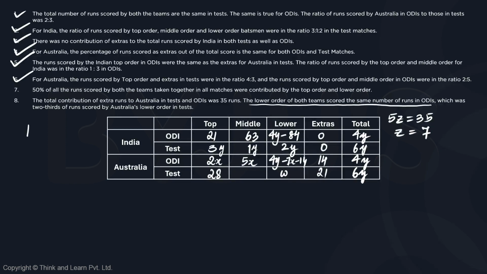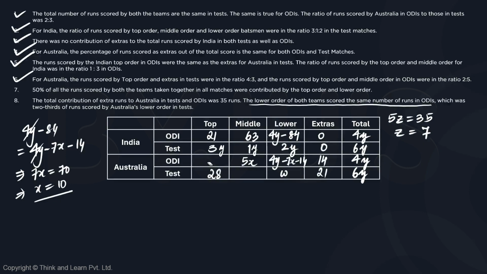So that tells us 4y minus 84 should be same as 4y minus 7x minus 14. So 4y gets cancelled out. So we will have 7x is going to be 84 minus 14, which is 70. So this results in x being 10. So 2x turns out to be 20, 5x turns out to be 50.